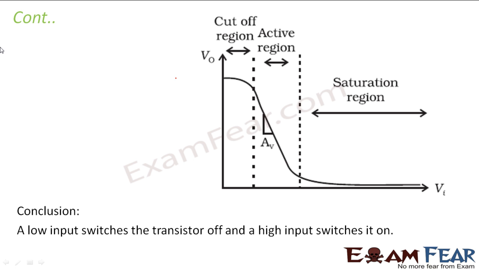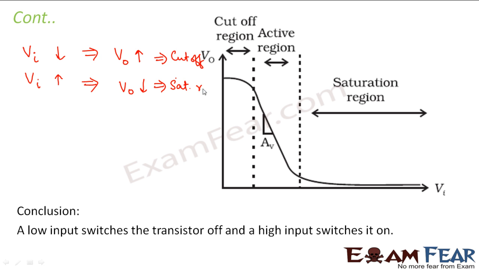We see that when the value of V input is very small, the value of V output is very high. These are the regions where V input is very small and here V output is very high. Again, when the value of V input is very high, then what happens? The V output becomes very less. So this is the cutoff region and this is the saturation region.